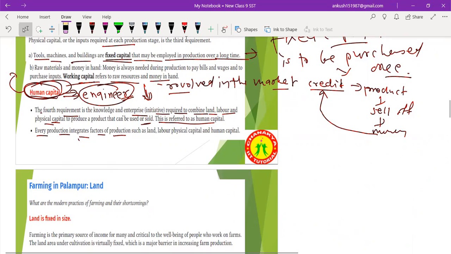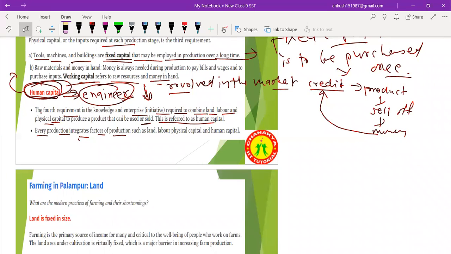Human beings are the only asset where they put their brains, talent, and intellectuality, and a human being can even make other human beings work for him or for his organization or firm. Understood? So the things are interrelated and very important, and they are interdependent upon each other.